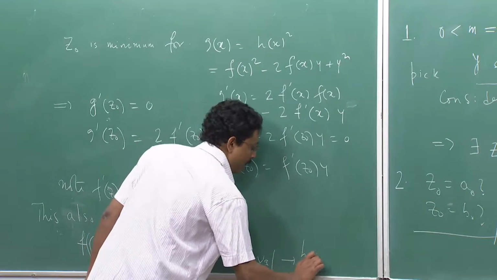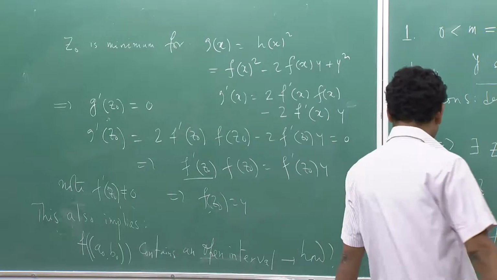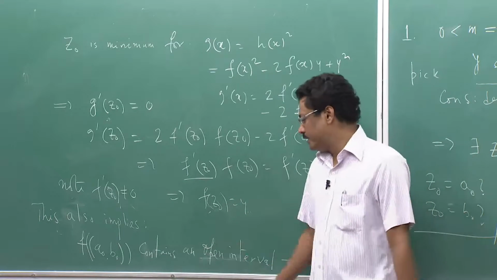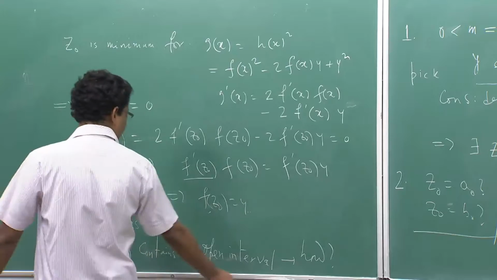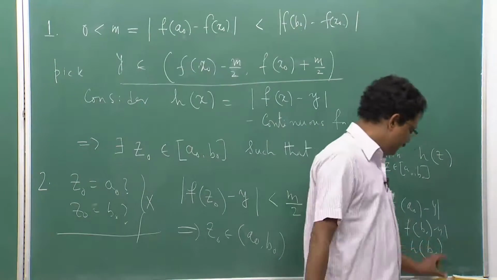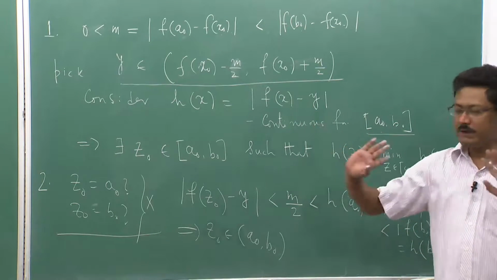Decide how. It is already in the proof: while I showed that f of z naught equals y, it also shows that f of a naught b naught contains an open interval. Decide how, and next time you will see how to get the inverse function theorem from only these observations.